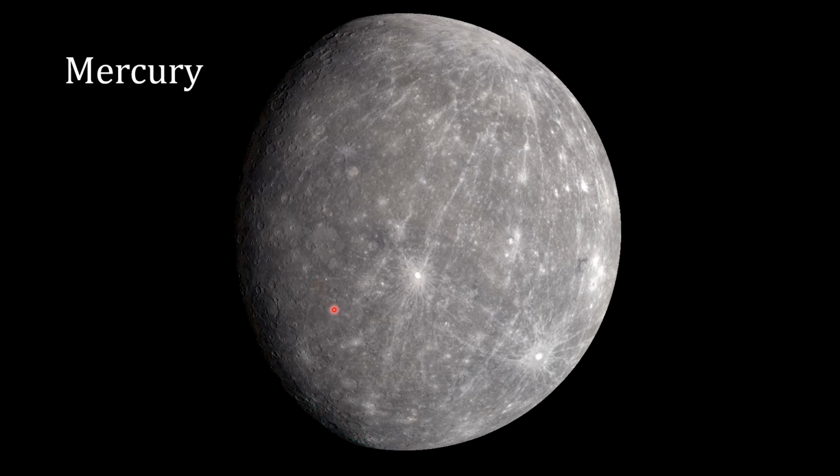This was very common at the early stages of the solar system, for the planets to be bombarded with these pieces of space junk.